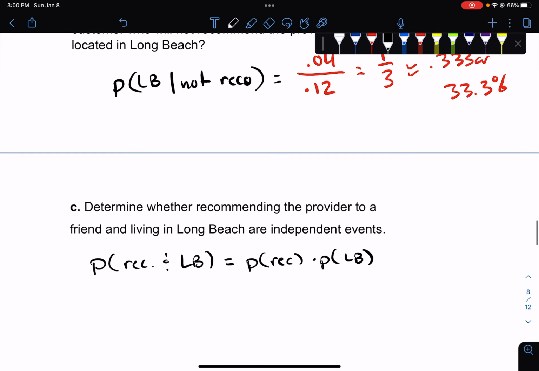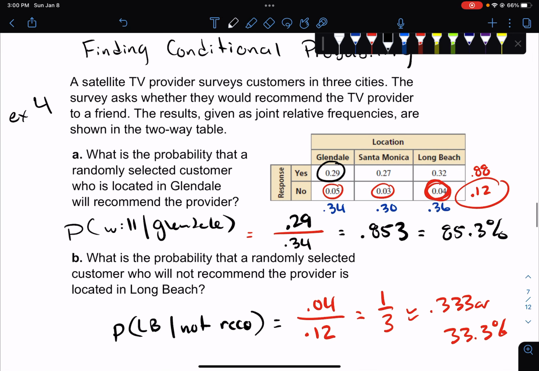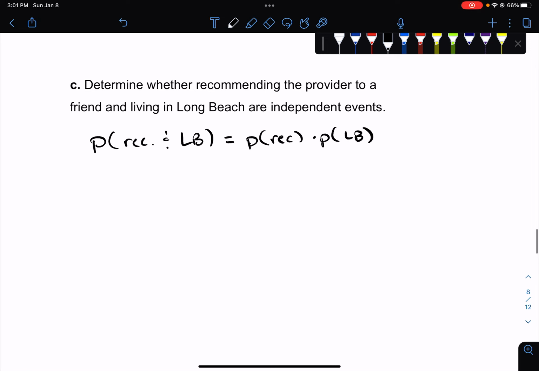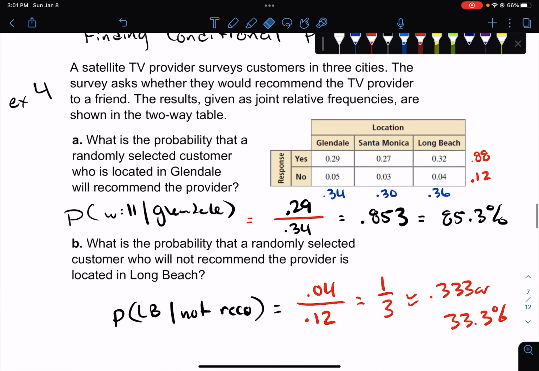Probability of recommending. If I go up here, I'm going to erase some of this stuff. All right, what's the probability that someone recommends? Well, we already found that. This group recommends, so that would be 0.88. And I'm going to multiply that by the probability that someone lives in Long Beach.